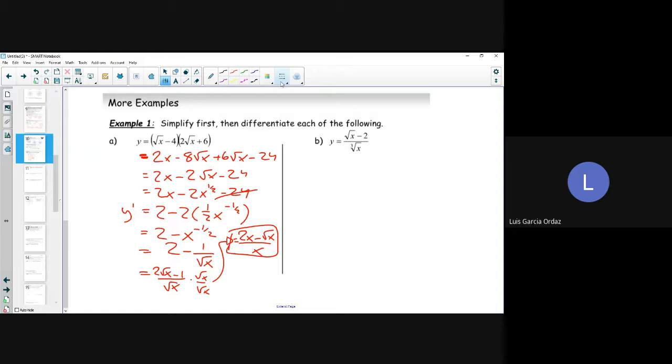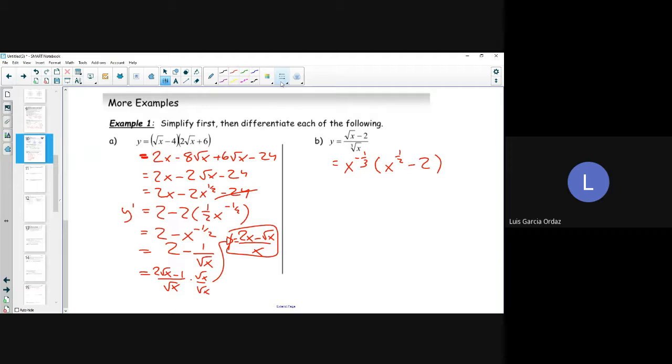So now my next one, I have root x minus 2 over the cubic root of x. So again, we want everything to look nice. So we're going to bring my cubic root of x up and make my exponent negative. So I get x to the negative 1 over 3 multiplied by x to the power of 1/2 minus 2.